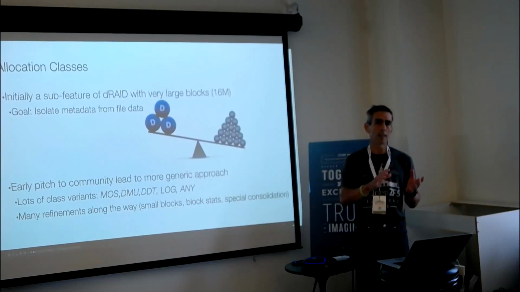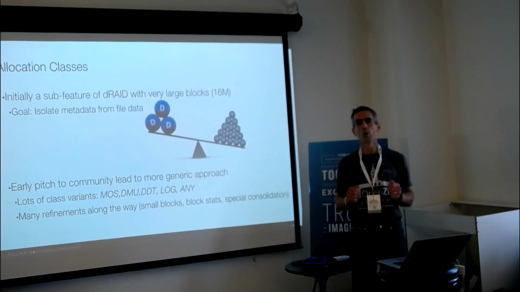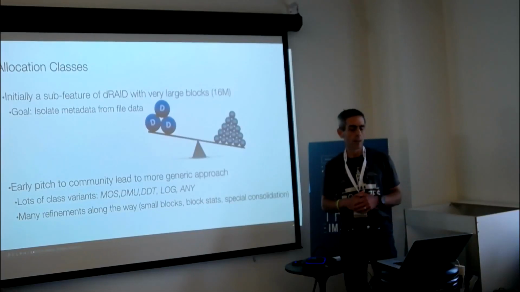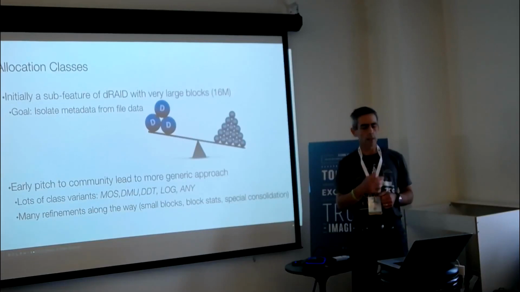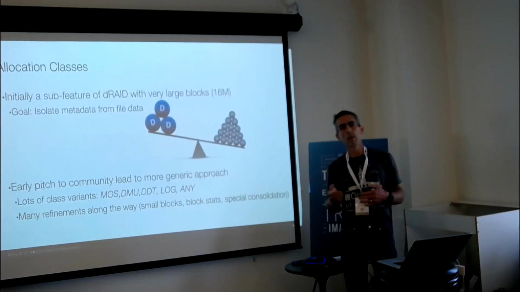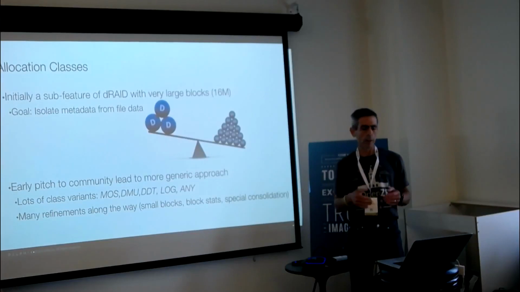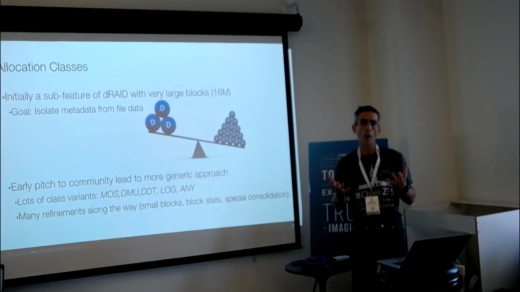And then we had this metadata. The disparity between those two was so great that we had to separate them. And so that's where this feature came into existence. I think even the pull request said metadata allocation classes. It has morphed into a more generic allocation classes, but that's the essence of why we started doing this.